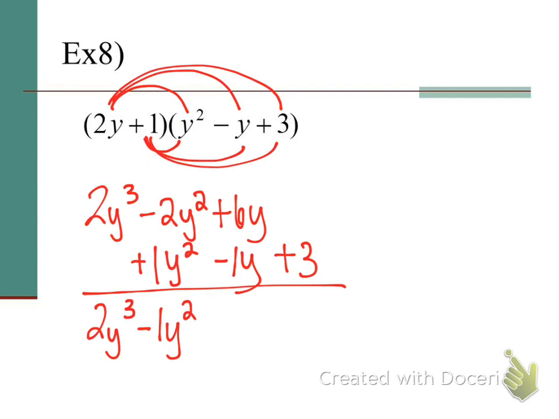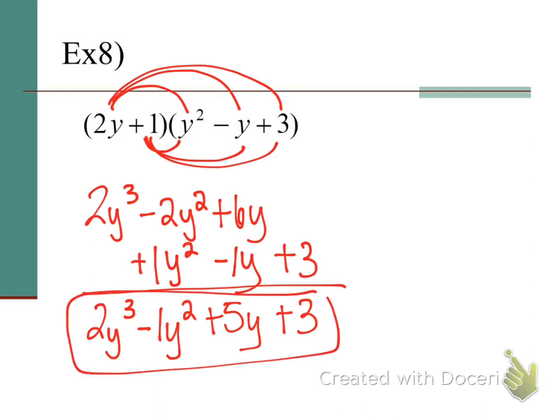Again, if it helps to put the 1 there, you can. Positive 5y. And then we've got a plus 3. That one's not changing. Questions, concerns about number 8? Nothing? Okay.